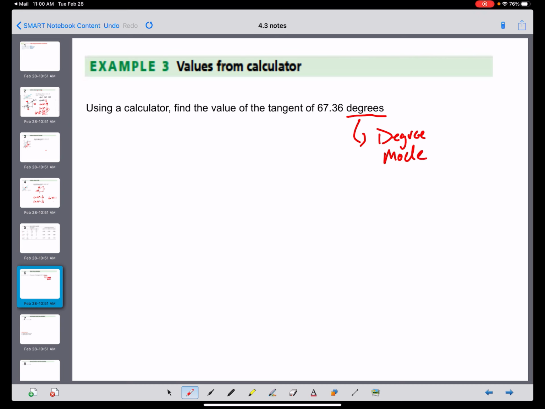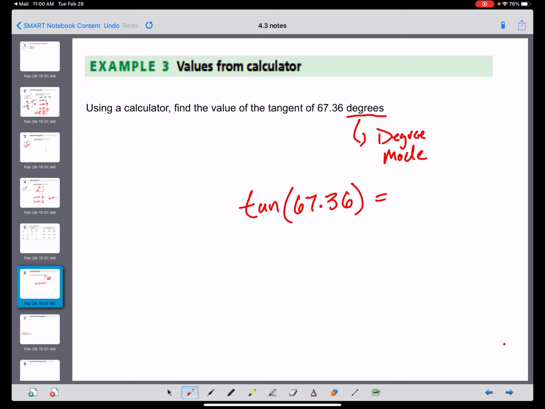Once you do that, it's as simple as just saying tangent or tan, and then you hit 67.36 in your calculator. Here, notice they gave us 4 significant digits, 67.36.